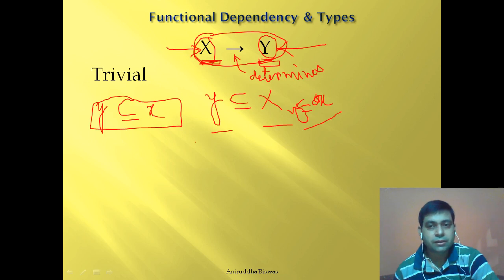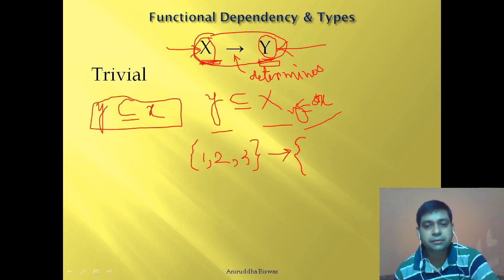Okay, so let's take a numeric example here. 1, 2, 3. This is the left set and it is determining 2, 3, let's say.